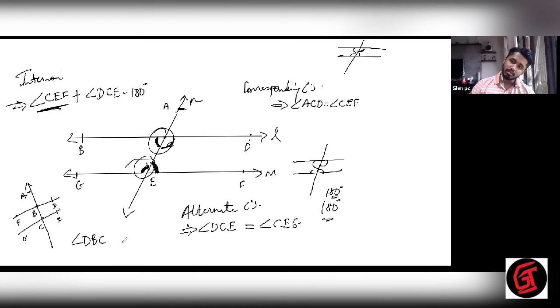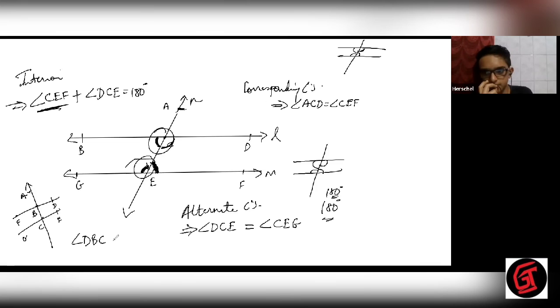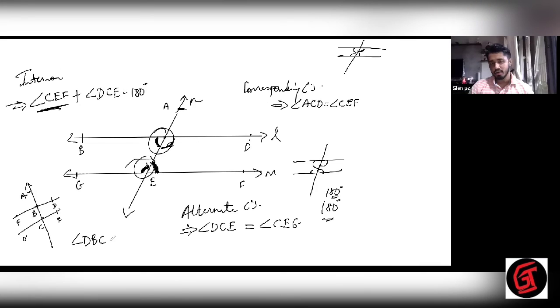Are interior angles equal? Herschel, are interior angles equal? No. Okay, then what happened to interior angles? They are supplementary. Yes, so their addition is equal to 180. So what Nathan said, DBC plus BCE together is equal to 180 degrees.